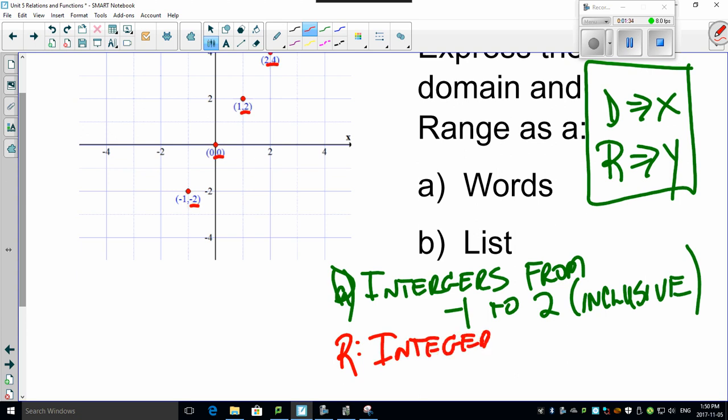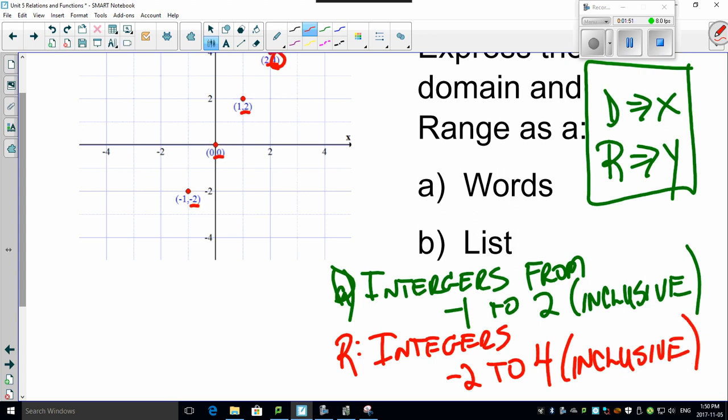Because we're talking integers, we're not talking decimals or fractions or any numbers in between. We're talking the integers from -2 to +4, which is up here, to +4 inclusive. And inclusive means, yes, including the -2 and the 4. So by definition of what an integer is, those are not numbers that are decimals or fractions, they're just negative and positive numbers. So that would be a really nice way of describing this using words.